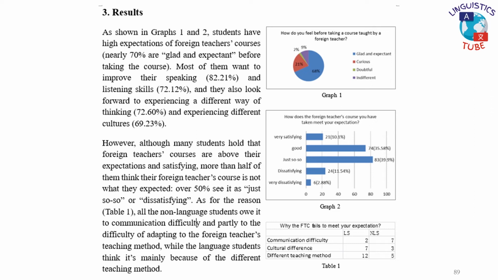However, although many students hold that foreign teachers' courses are above their expectations and satisfying, more than half of them think their foreign teachers' course is not what they expected. Over 50% see it as just so-so or dissatisfying.